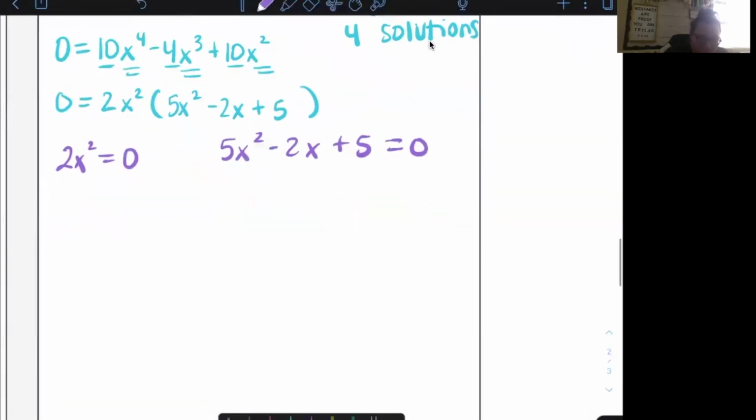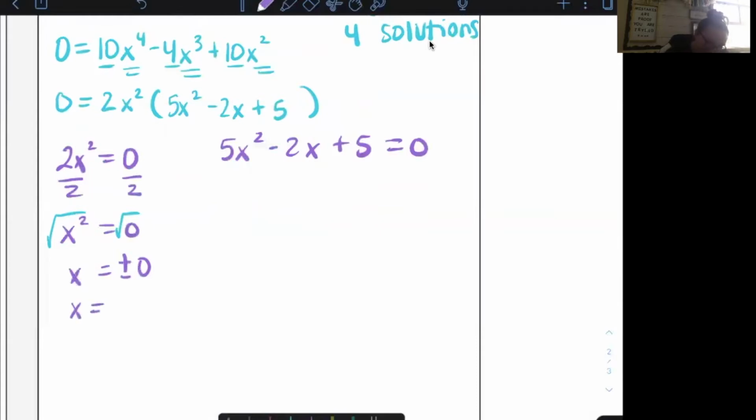So then to solve 2x squared equals 0, I'm going to divide both sides by 2, and I get x squared equals 0. Then to cancel a square, I'm going to square root both sides. When I square root both sides, I get a positive and a negative answer. But positive 0 and negative 0 are the same thing.